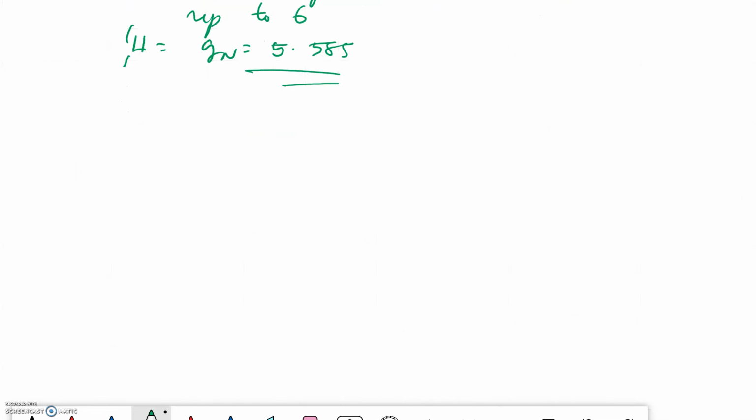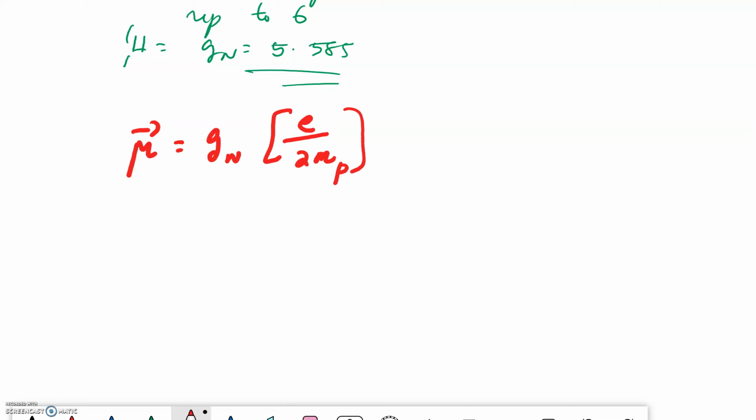Then we can write the nuclear magnetic moment mu is equal to Gn into e divided by 2mp, where mp is the mass of proton, e is the electronic charge or unit charge, into the vector I.